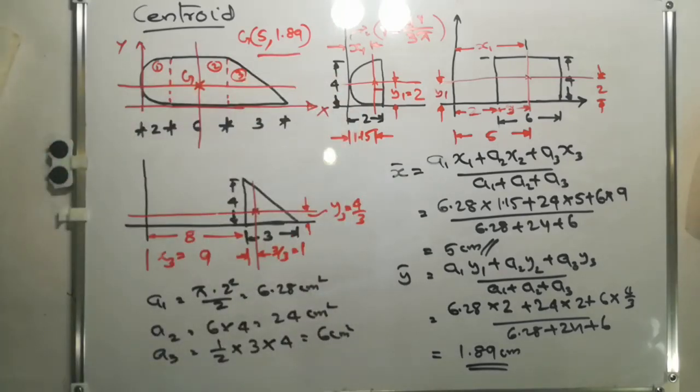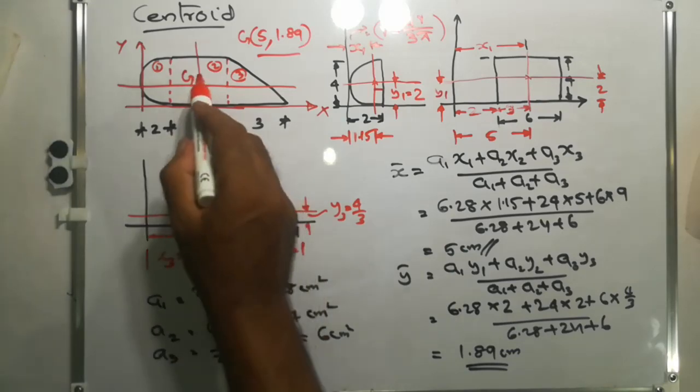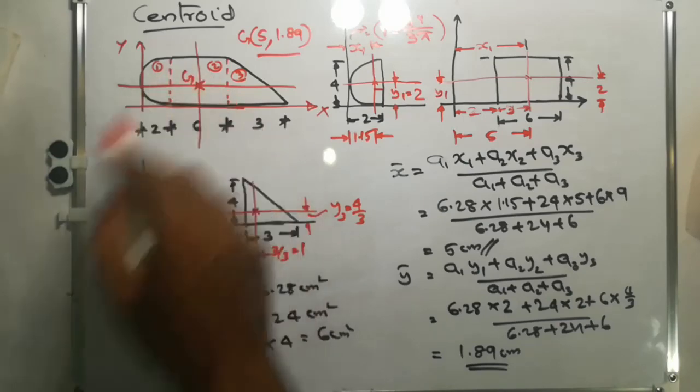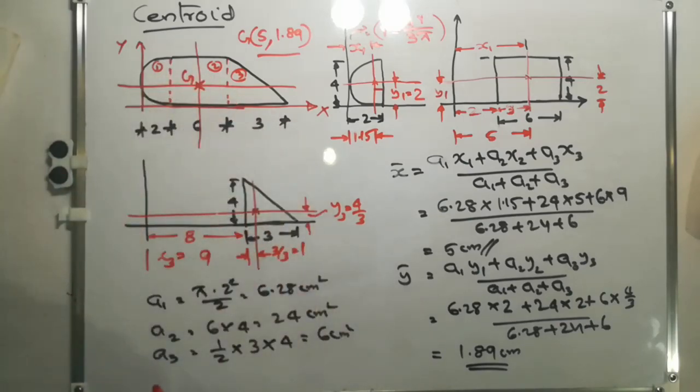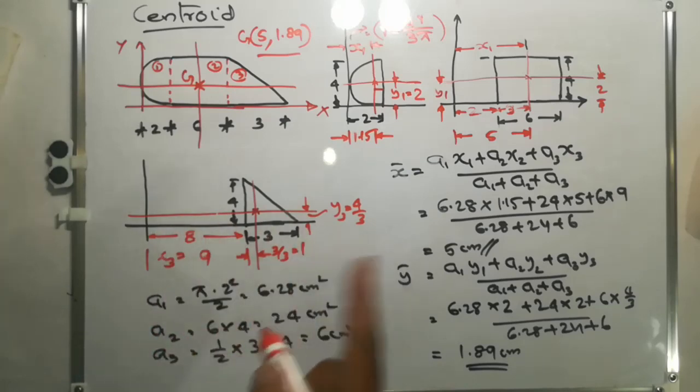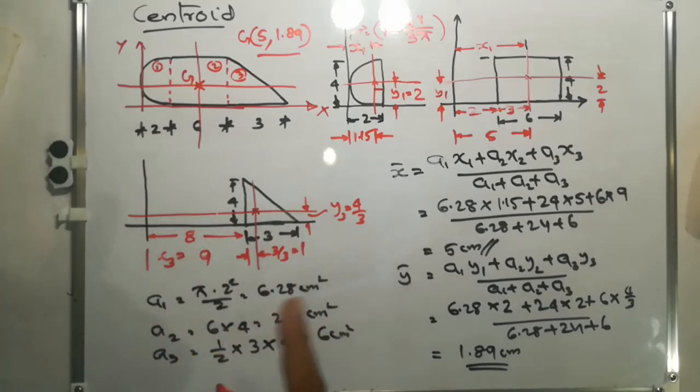Now if there is a hole inside this area anywhere, we need to consider that also. For the hole, we need to subtract the corresponding area and its product with the corresponding distance. That is how we will handle it. We will solve one problem next.